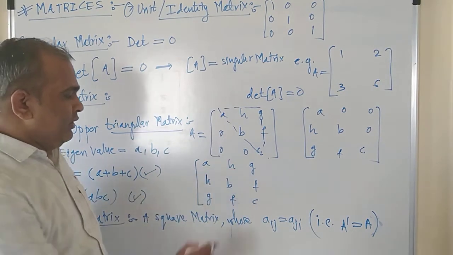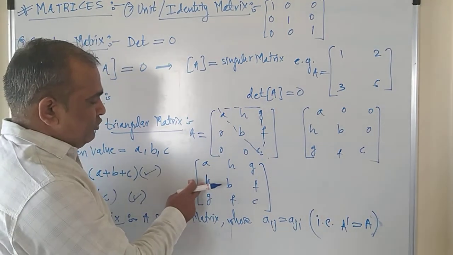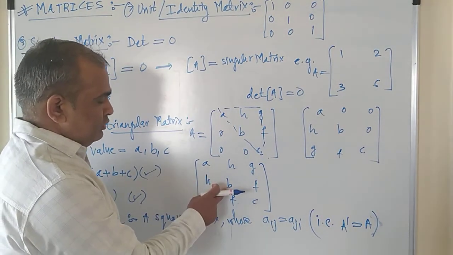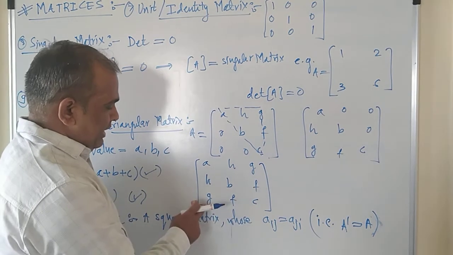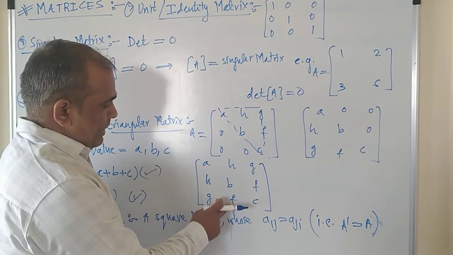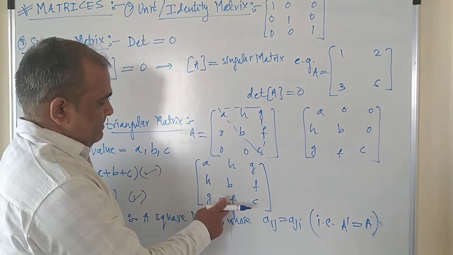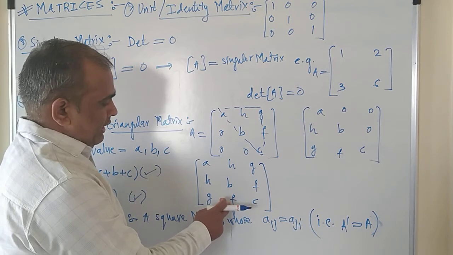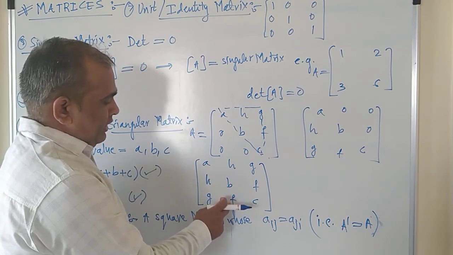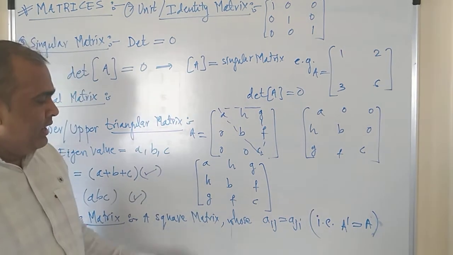This is A12. This is A13. This is A21, A22, A23, A31, A32, A33, right?